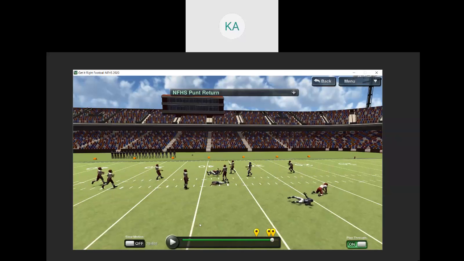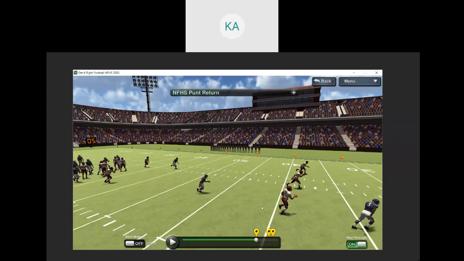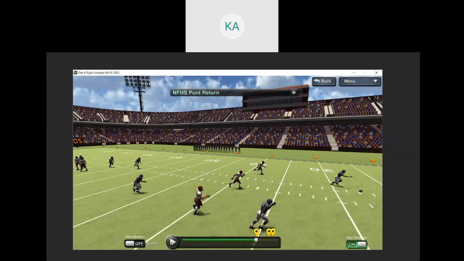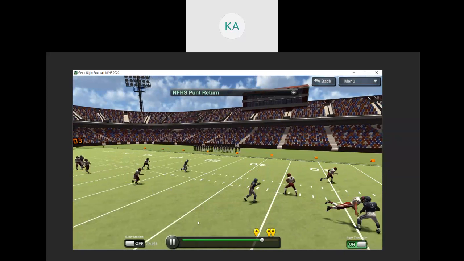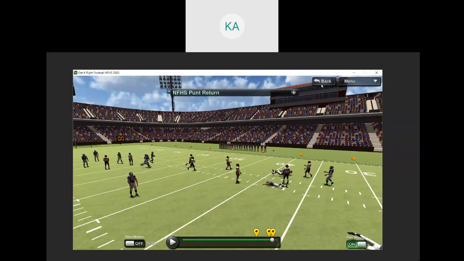Watch for that chase mode when you can see something like that. That's an opportunity for that block in the back to occur. Coaches seem to be doing a pretty good job telling their players that if you can see his numbers on his back, leave him alone. So there he goes right there.